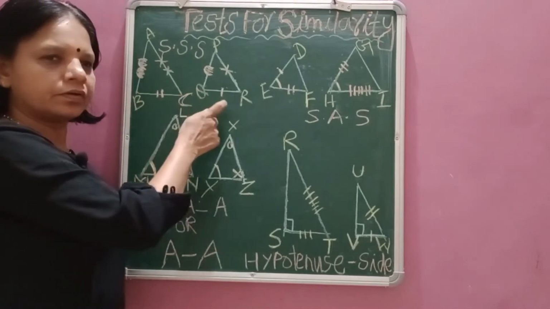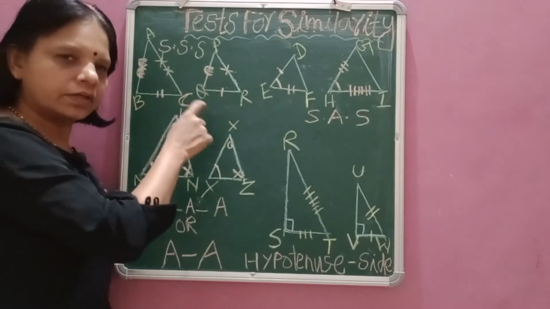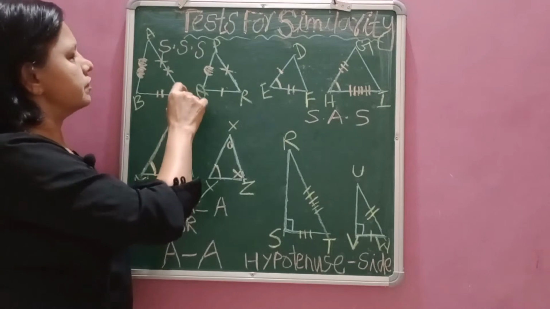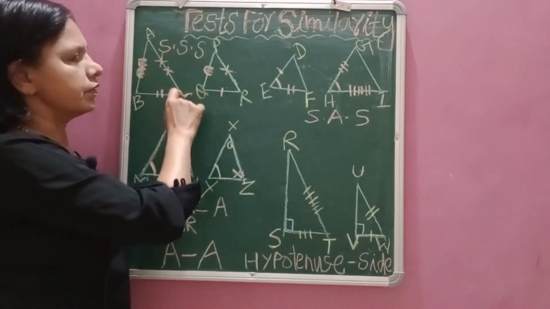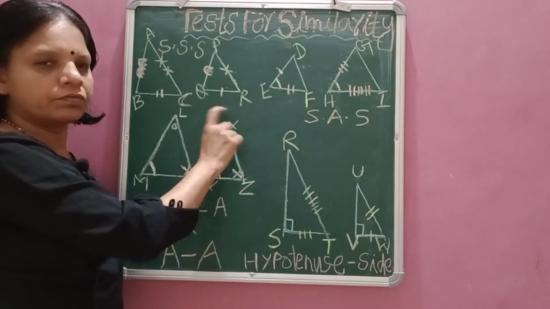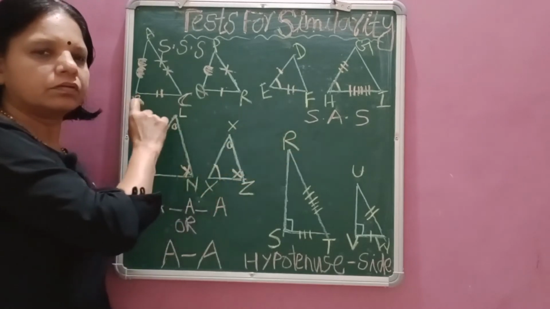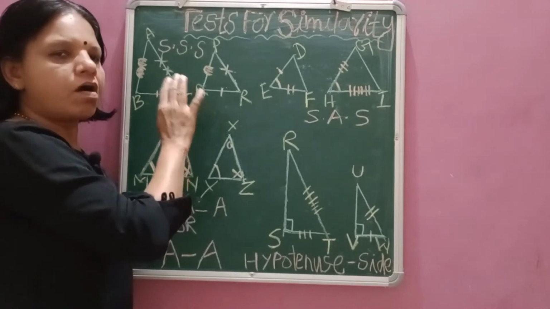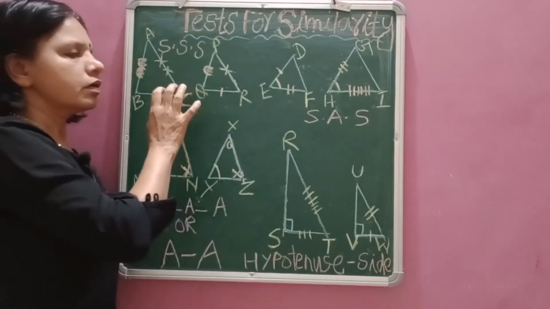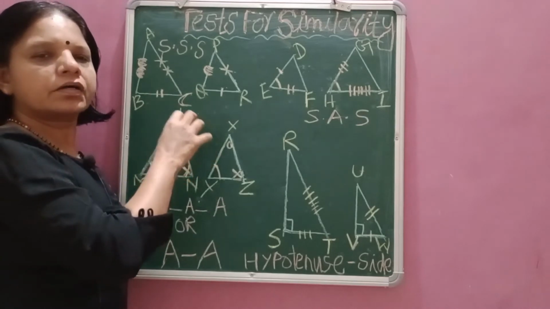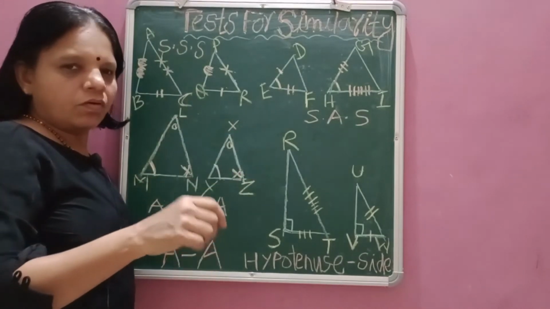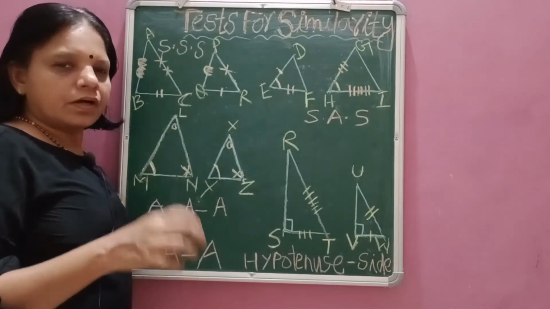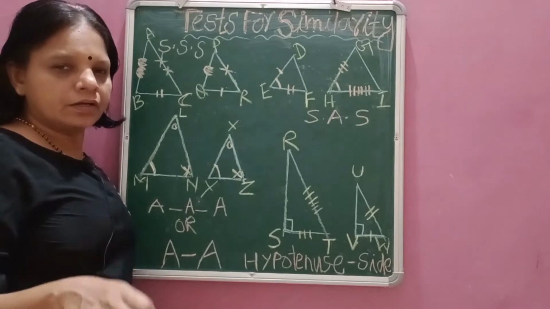And in this figure, the third condition is also with respect to the side only. That is AC, the third corresponding sides are also proportional to the first and second. What does it mean? All the 3 corresponding sides are proportional, or the ratio of the 3 corresponding sides are equal.